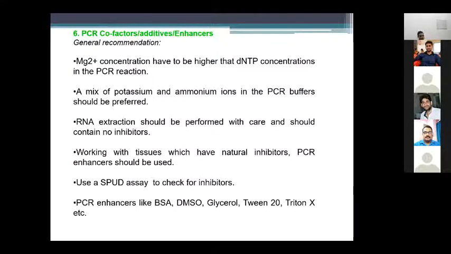The RNA extraction should be performed with care and should not contain any inhibitors. Working with tissue which has natural inhibitors, PCR enhancers should be used. So PCR enhancers like BSA, DMSO, glycerol are used to enhance the PCR reaction. So various cofactors are required.